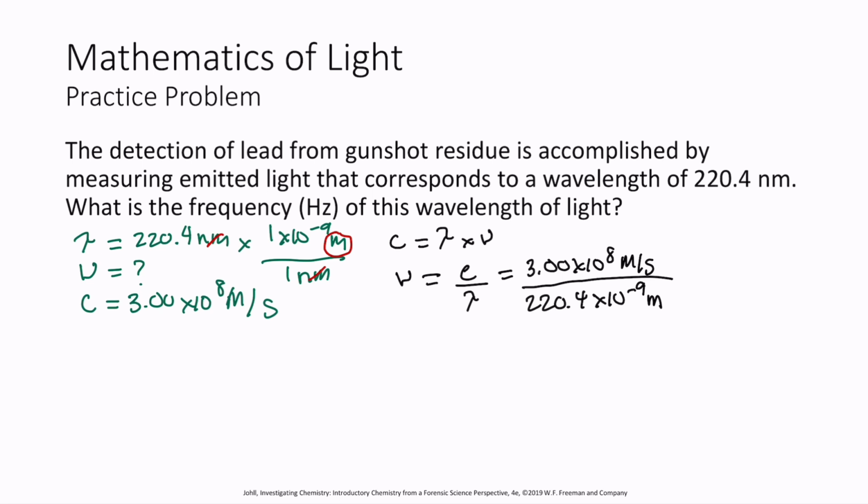So notice my meters cancel out, and I'm going to be left with units of inverse seconds or per second. Now, when we calculate this using our calculator, it will equal 1.36 times 10 to the 15 hertz. Remember, 1 hertz is equal to an inverse second, or 1 over seconds.